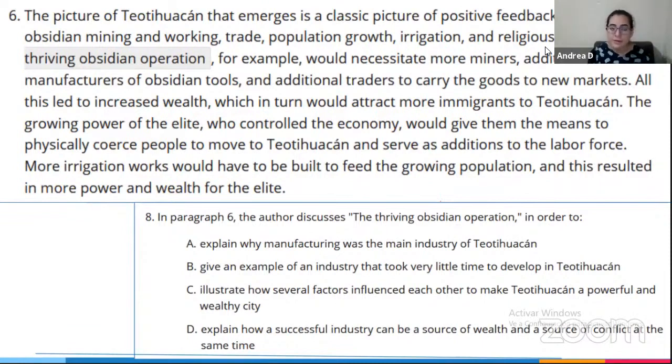So now again, I'll give you all 1.5 minutes to read the paragraph and try to figure out what the answer is.